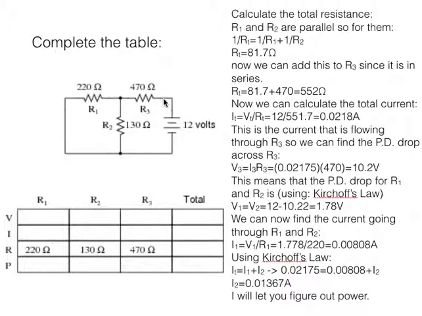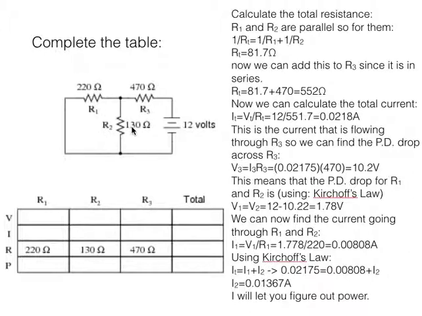Now we can use Kirchhoff's loop law. 12 volt gain, 10.2 volt drop. Therefore, if I follow through this loop, it must drop another 1.78, depending on if you're rounding off, 1.8 volt drop across this resistor. So I know the potential difference here.